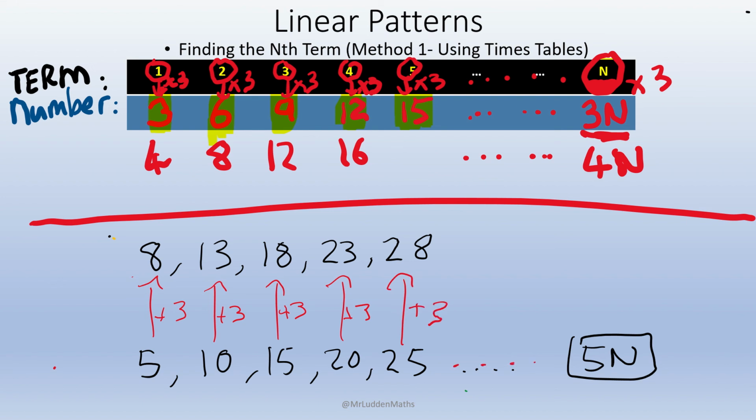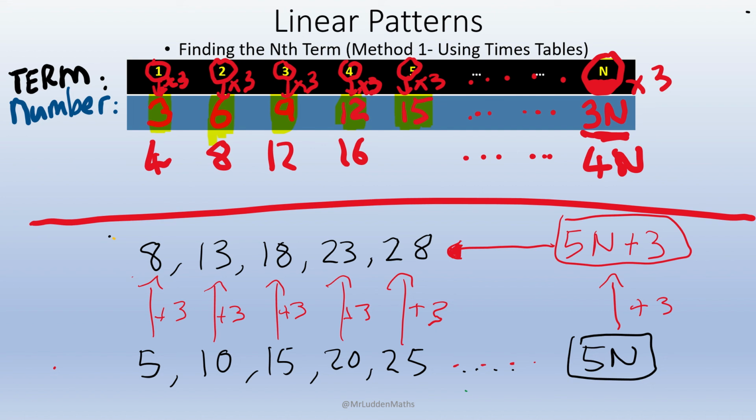So if I had 5n, and if I'm following the pattern here, and if I add 3, what I'm going to end up with is 5n plus 3, which is the nth term of this thing here.